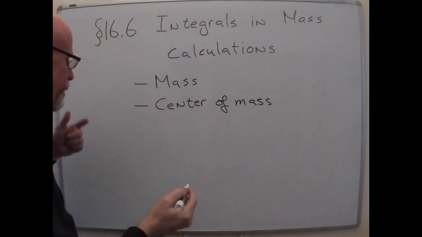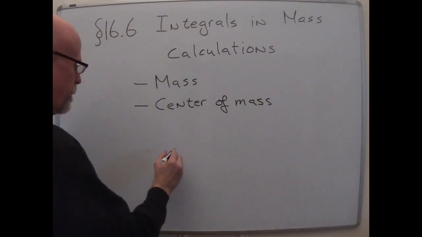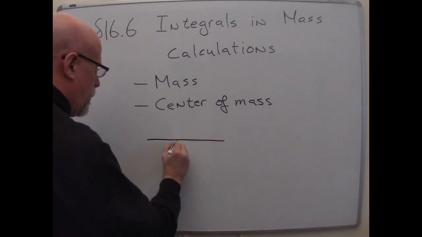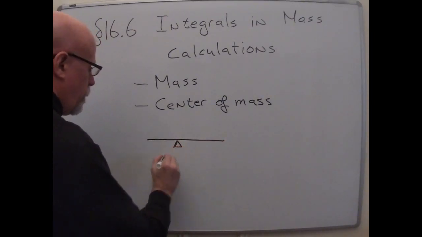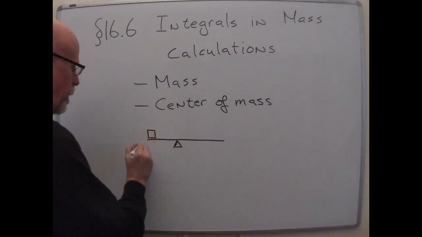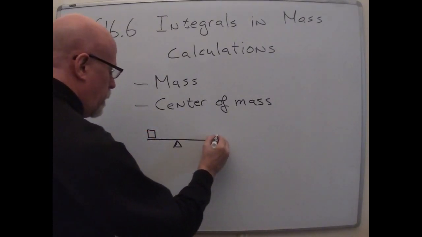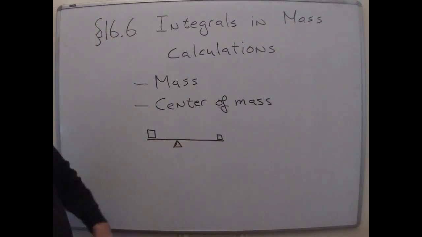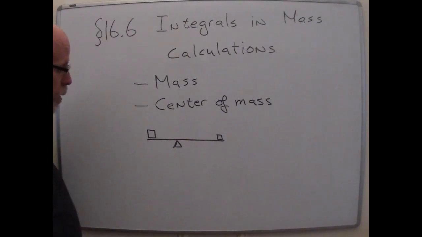Well, the classic example of this is you have a beam that is supported somewhere in the middle, and there's a heavy object on one side of it, and maybe a lighter object on another side of it, but the lighter object is a little farther from the fulcrum, the point where they pivot.